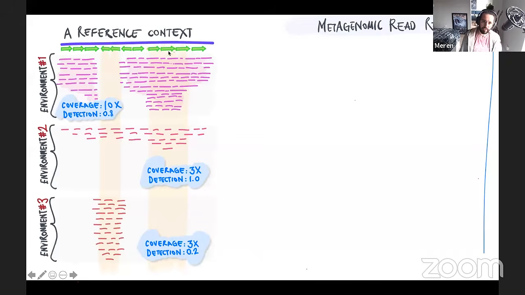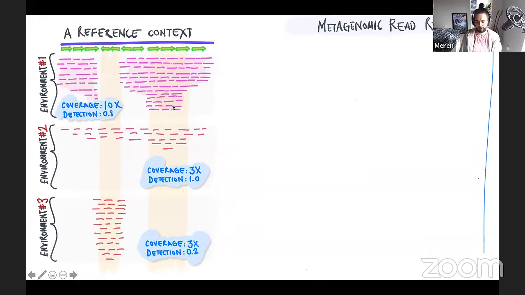Basically, if it's okay to give a geometric reference, as you go deeper and deeper after matching your short reads to this context, you ask how many of these reads do I observe, and take the average of that number across every nucleotide position throughout the genome. That is the coverage, the depth of coverage of the genome. So they essentially mean the same thing. I hope that is clear now, a little better.